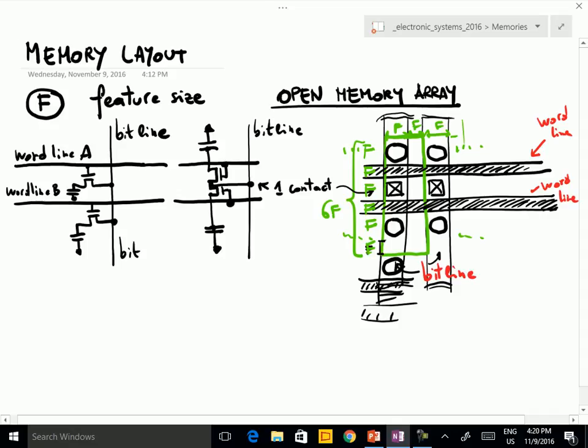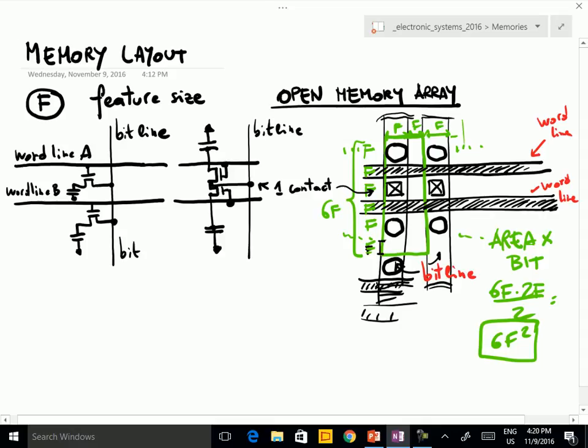So the area per bit is 6F times 2F over 2, which is 6F squared. And this is something, of course, that scales with the technology.